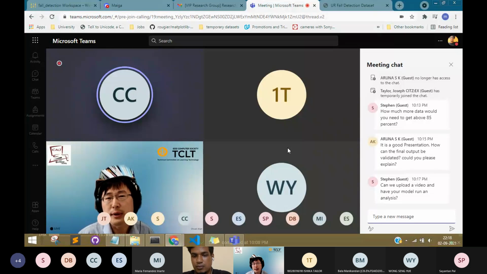Why do we use two data sets? Because in most of the research, people use the same data set and do the test. However, tomorrow maybe something will change. Maybe the environment will be redecorated and so on. In that case, can your trained model still be used for identifying fall situations? Probably not.